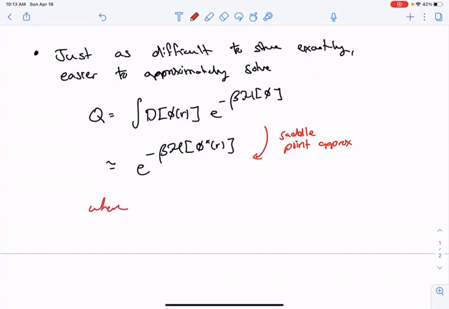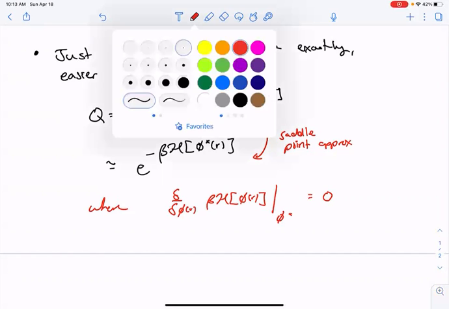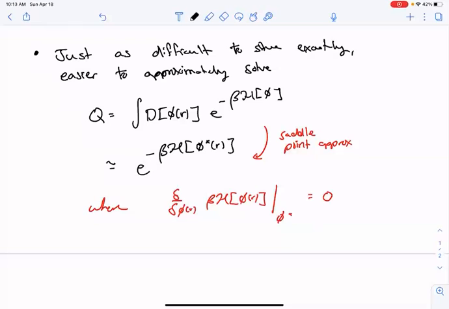Where this special value of the field is that which minimizes the local free energy as determined through the functional derivative of our effective Hamiltonian. That turns out to be exactly what you would find with a mean field theory.